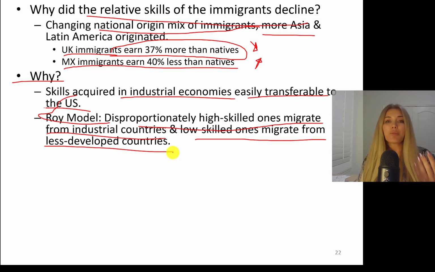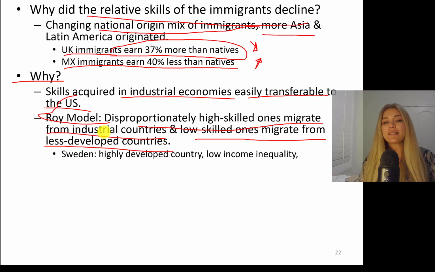I met a professor who is from Mexico. He's obviously highly skilled. We're talking about average immigrant skill level. Okay? So I'm from Turkey. If you look at average Turkish immigrants, we have disproportionately a lot of Turkish professors, but on average, they're the less skilled of their country. For instance, Sweden is a highly developed country.